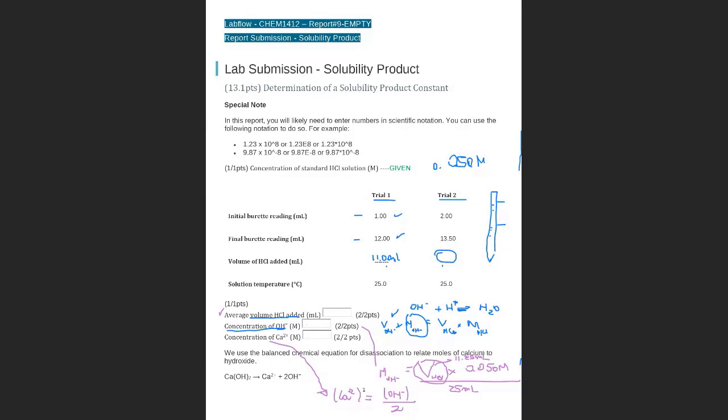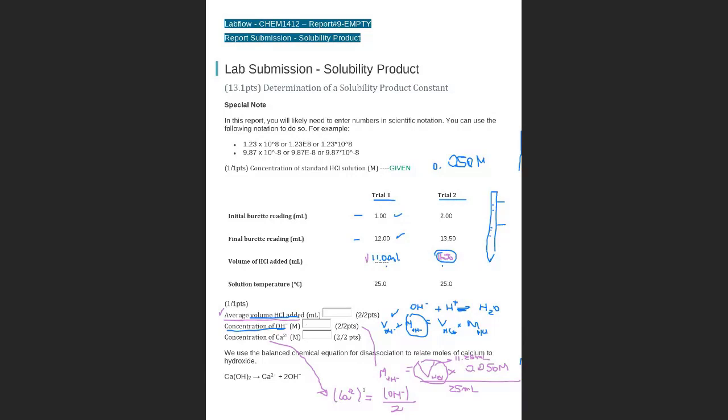So here you get a trial 1 and trial 2, I think I had 11.50. And then here they ask you for the average, and that's the one you are going to use. That is correct. So for this part is easy.